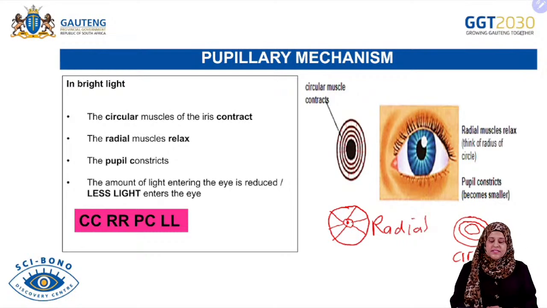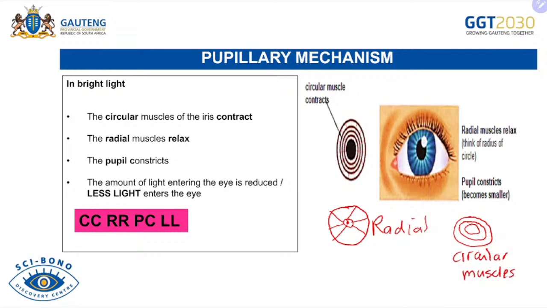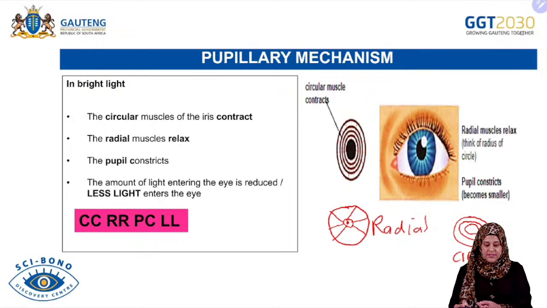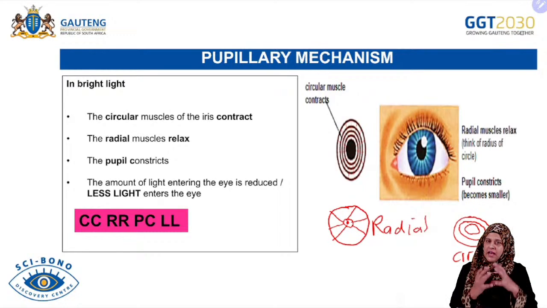The circular muscles of the eye contract, the radial muscles relax, the pupil constricts or becomes smaller, and the amount of light entering the eye is reduced, or I like to say less light enters the eye, so that I can make this little key that helps me remember. So in bright light, I know CC: circular muscles contract, RR: radial muscles relax, PC: pupil constricts, and when the pupil constricts or becomes smaller, less light enters the eye.